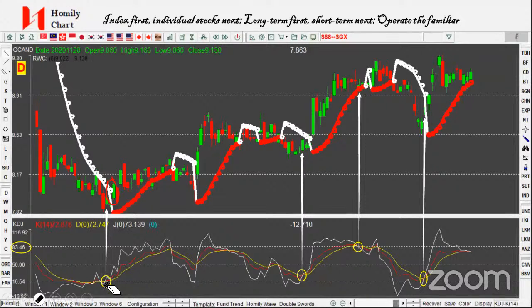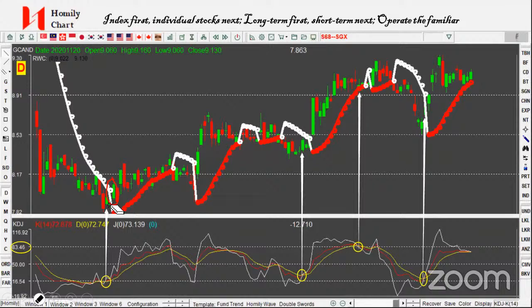The golden cross happens in the oversold area. And when the golden cross happens, if you check the red and white circle, it's still a white circle, right? It's still a white circle, but KDJ already told you a golden cross.